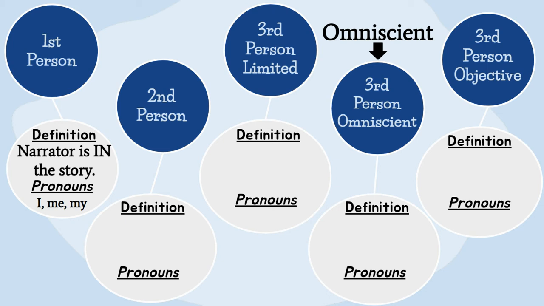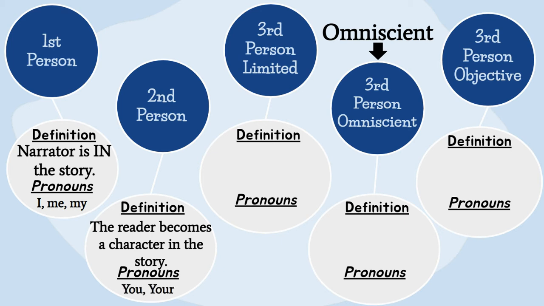Second person point of view isn't used as often, but it's really fun when it is. Second person is when the reader, that's you, by the way, becomes a character in the story. And the pronouns are you and your.